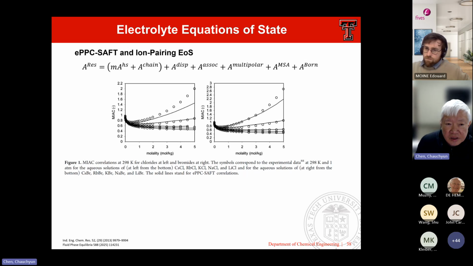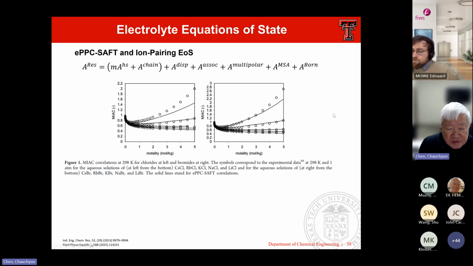Jin Charles did ask me to look into equations of state for electrolytes. This is not my focus of research, but I just want to show the ePC-SAFT and the ion pairing equation of state results. I want to make maybe a superficial comment.